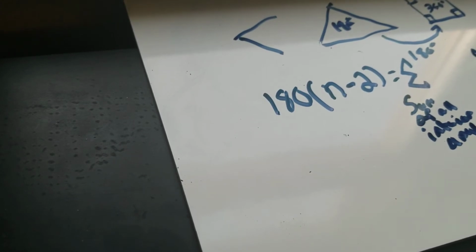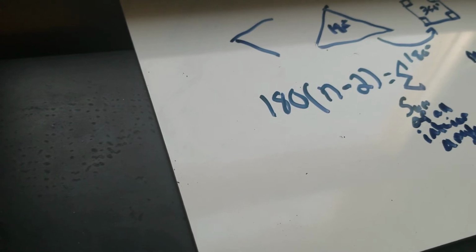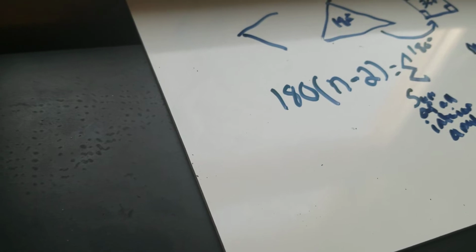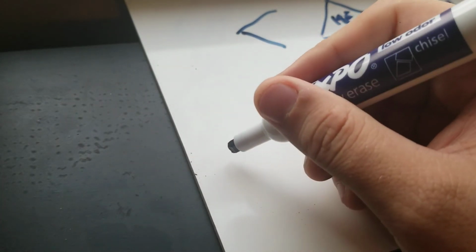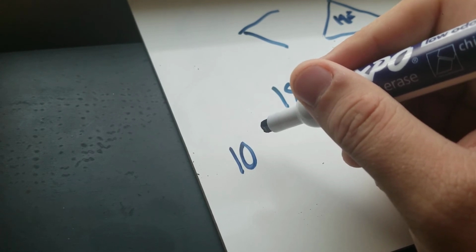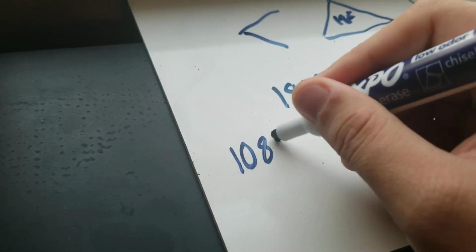Now, if I ask you, what type of shape has the sum of interior angles of... let me think of a number. 1080.